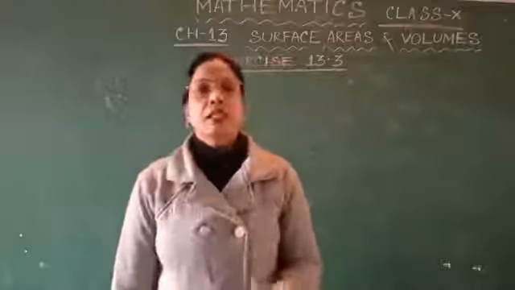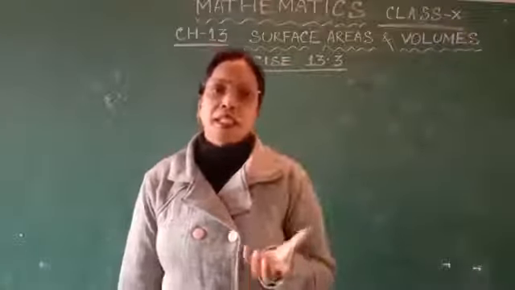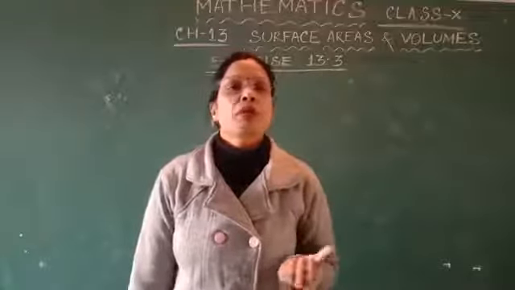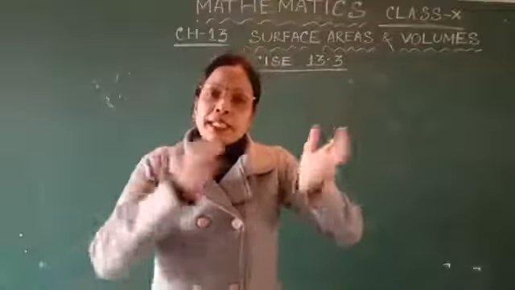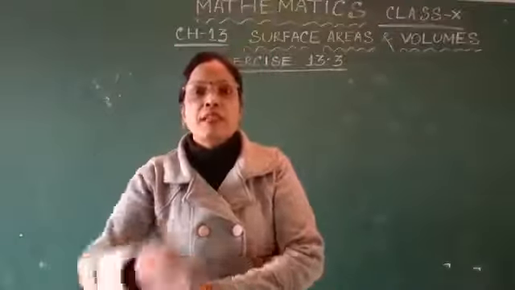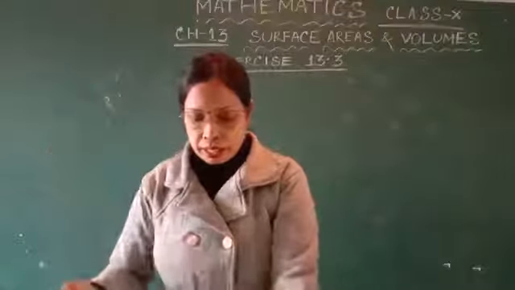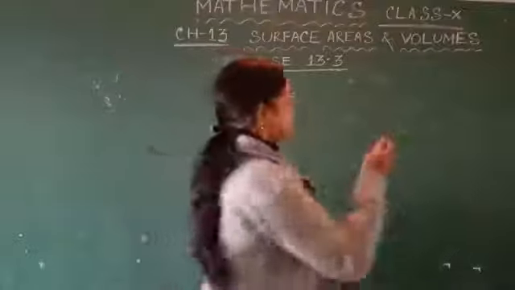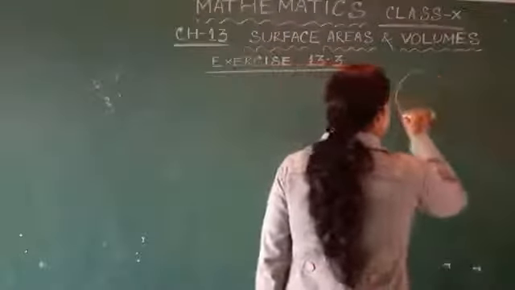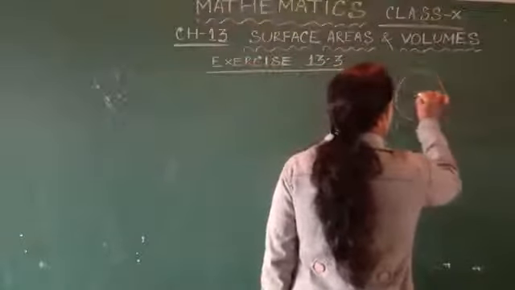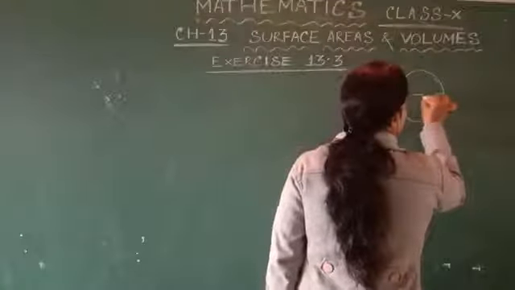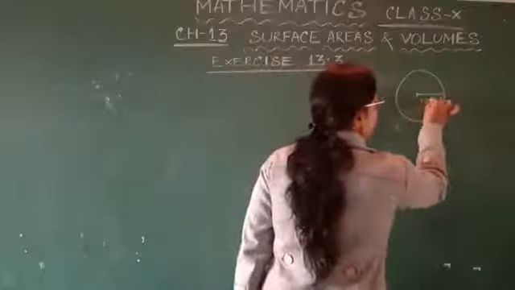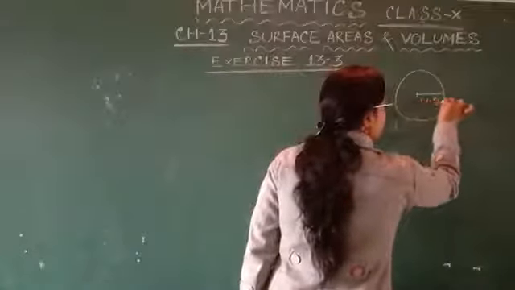That means here one metallic sphere is there, and the radius of this sphere is 4.2 centimeter, and it is recast in the shape of a cylinder of radius 6 centimeter.